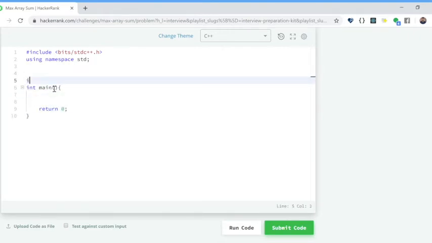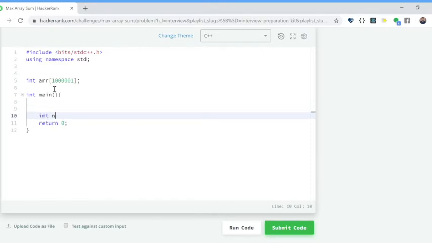I'll initialize an array to take my input. So let's say there are n elements in my array and I'll take the value of n, and likewise I'll scan every element in my array.